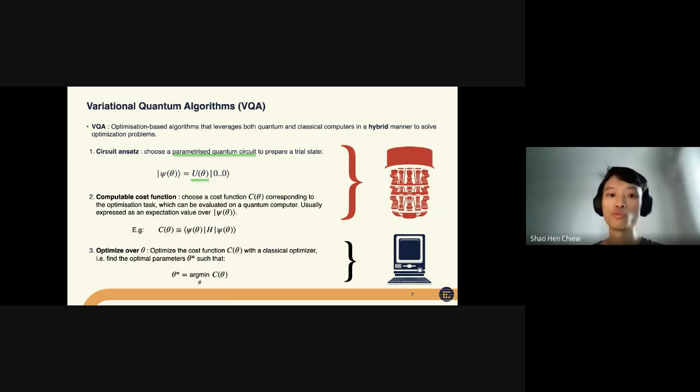Yes, sure. For illustration purposes, let's take a very concrete example, the gradient descent algorithm. What the gradient descent algorithm does is that, suppose you have an initial value of these parameters theta.